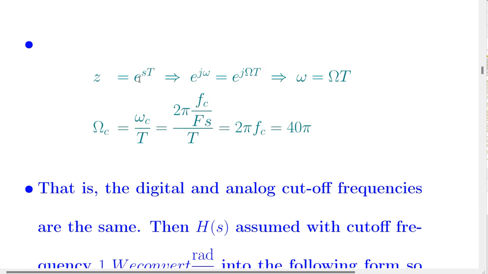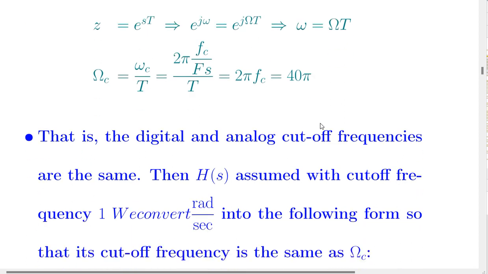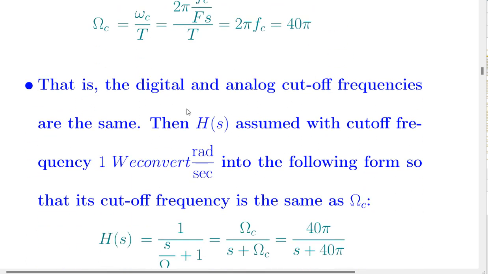Very simple mathematics using z being equal to e to the power of s times T. So we'll have omega being equal to omega times Ts. The cutoff frequency is omega c over T, which will be 4π times... Okay? That is, the digital and analog cutoff frequencies are the same.